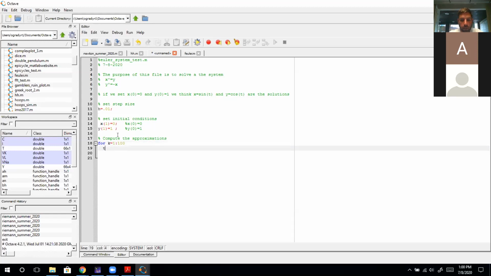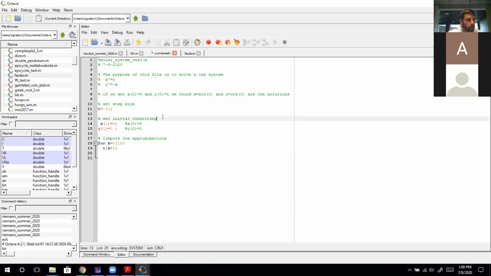So what is t of k? Well, we have a formula for t of k. Well, let's be even more careful. T of k plus 1. So let's start this at 0. So when k is 0, I'm computing t of 1. Well, what's our initial time?